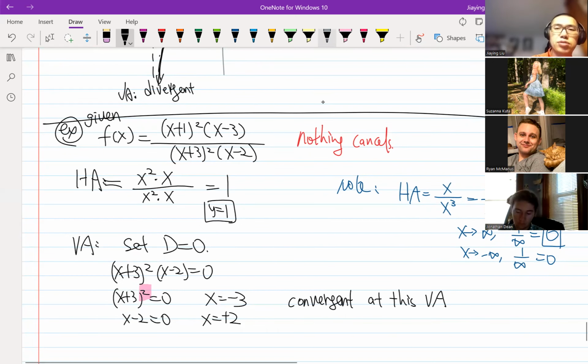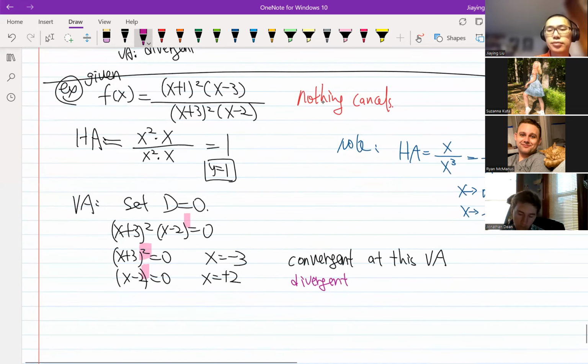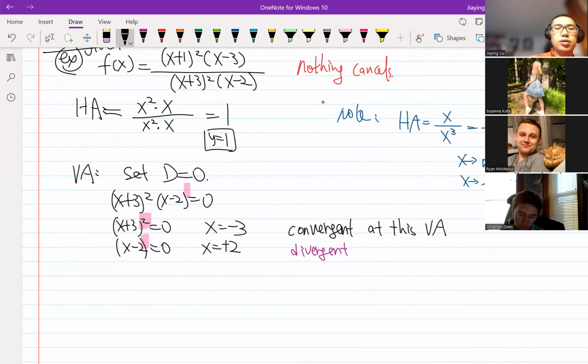The x minus 2 has a power of 1, so x equals 2 has a multiplicity of 1. The odd number tells me it's going to be divergent at this vertical asymptote. And like we said, we don't have any holes or removable discontinuity.